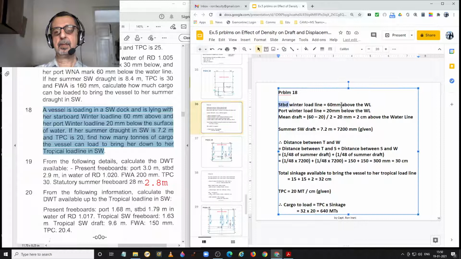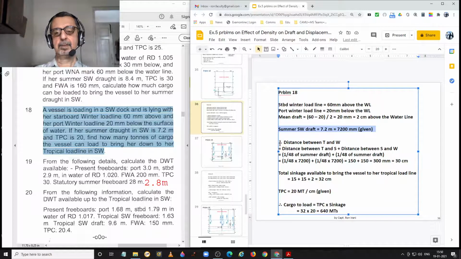Starboard winter load line 60 millimeters above the water line. Port winter load line 20 millimeters below the water line. Therefore, at the mean on the center line will be 20 millimeters above the water line. The summer draft given to us in the problem is 7.2 meters or 7,200 millimeters.